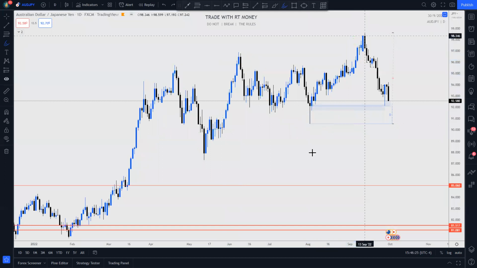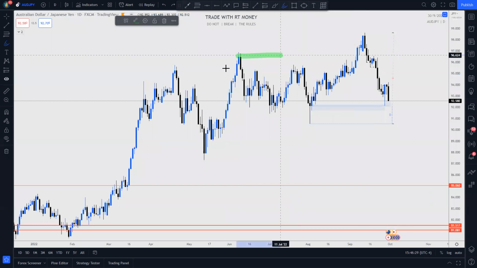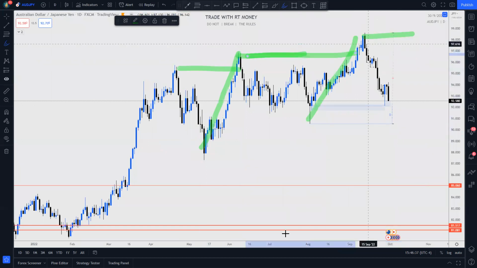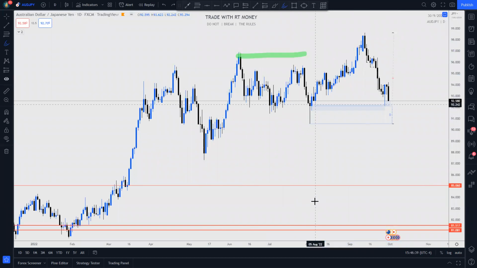In an uptrend, all of the highs are inherently weak and they will be ran for liquidity. All the highs being ran and the lows being protected.